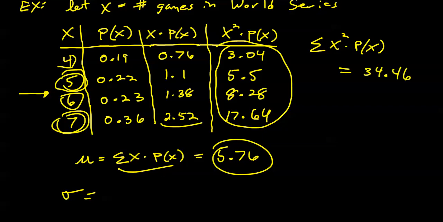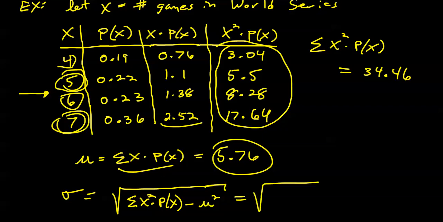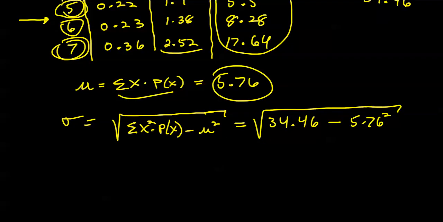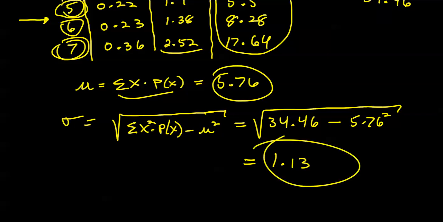Now I'll go to my standard deviation formula: the square root of the summation of x squared times p of x, minus mu squared. I'll take the square root of 34.46 minus 5.76 squared. If I grind that out, I get a standard deviation of 1.13.